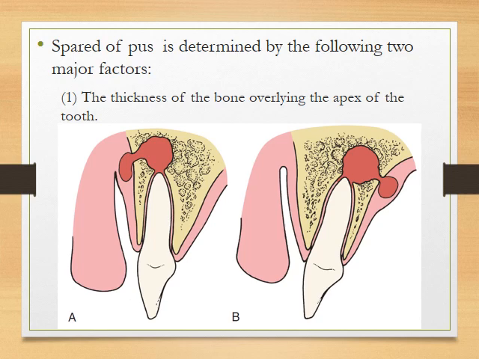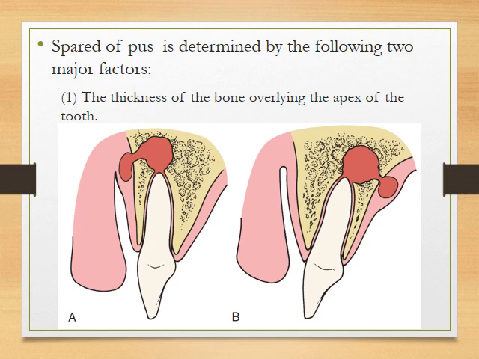Pus associated with apexes near the buccal or labial alveolar bone usually spreads to the buccal or labial aspect, while pus associated with apexes near the palatal or lingual alveolar bone spreads to the palatal or lingual aspects.